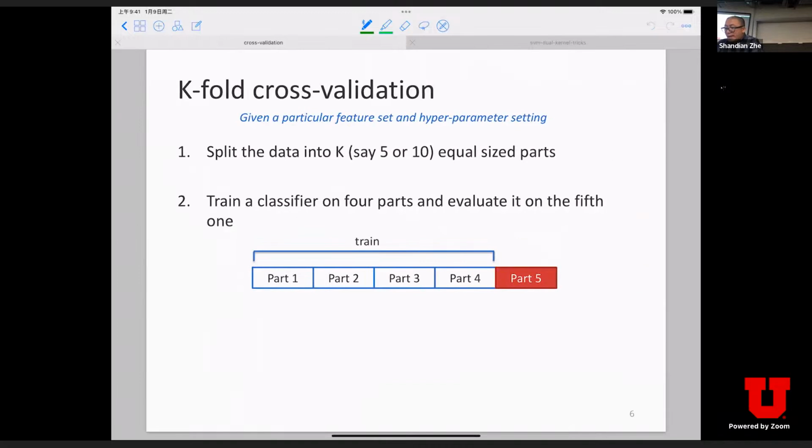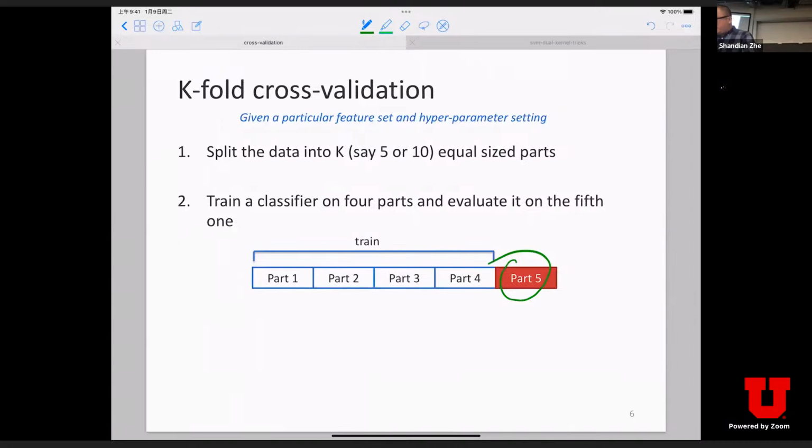Every time we pick one part of the data as testing data or validation data. We only train our model with the remaining parts. For example, in the first step, we exclude part 5 from training. I train my model on part 1 to part 4. Then I test my model on part 5.